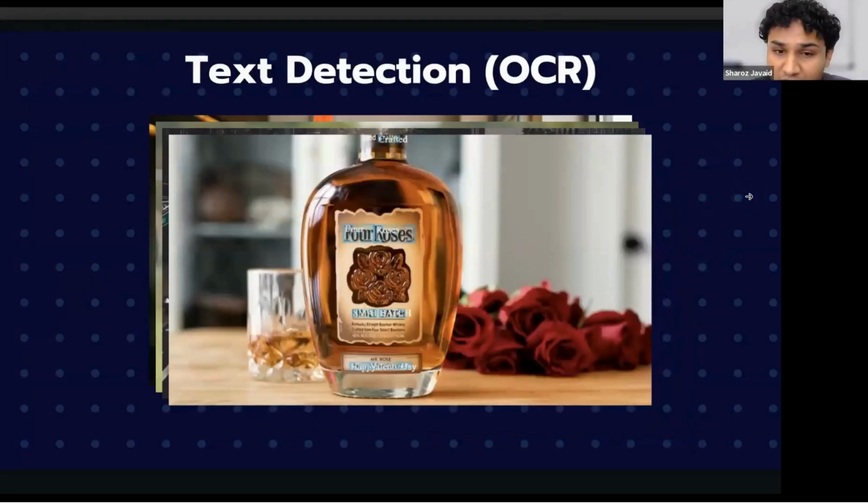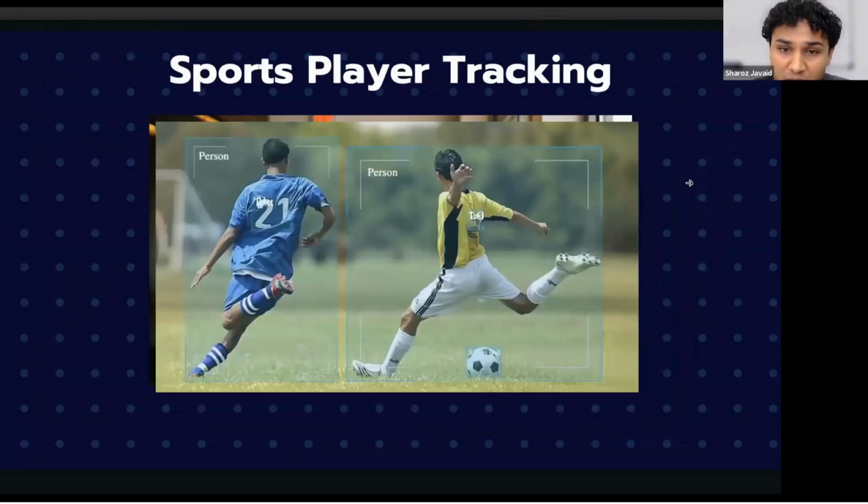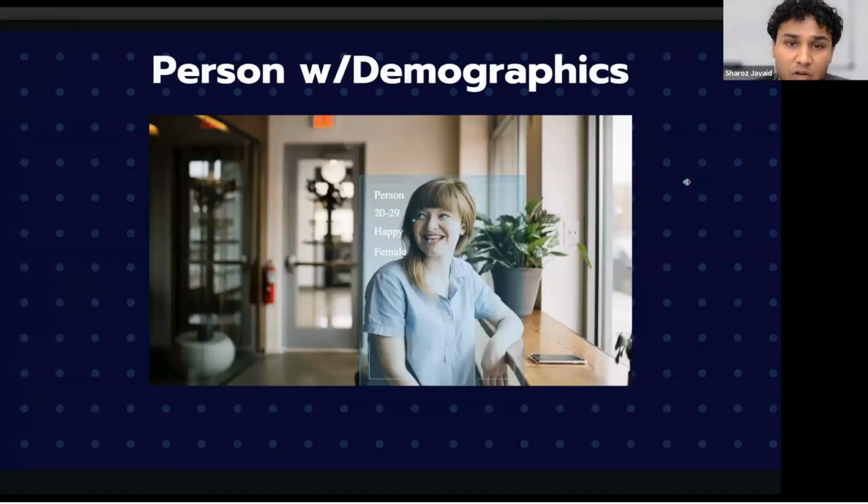And then we have text detection models, vehicles from the traffic camera angle, sports player tracking models, and then models to detect people with demographic data.